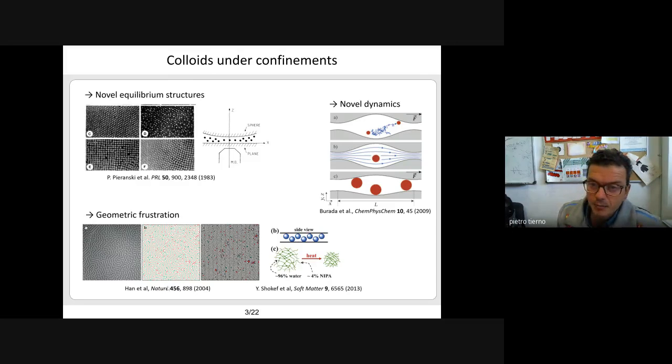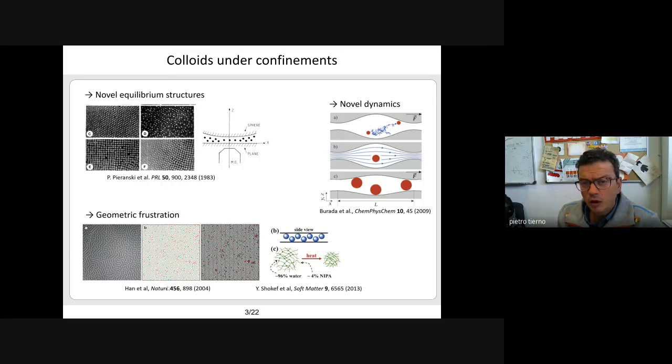So these are examples of how the dynamics, the equilibrium, and also the out of equilibrium properties of colloidal particles might be affected by the presence of a confining surface.